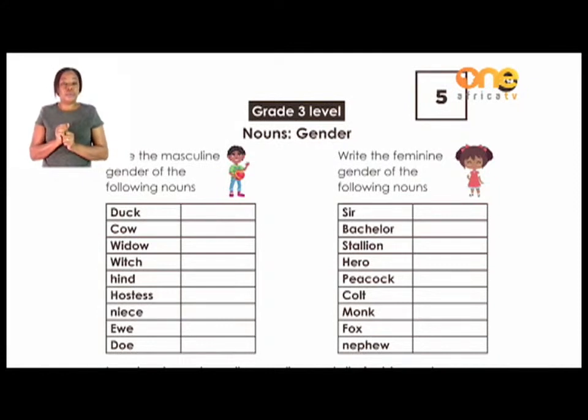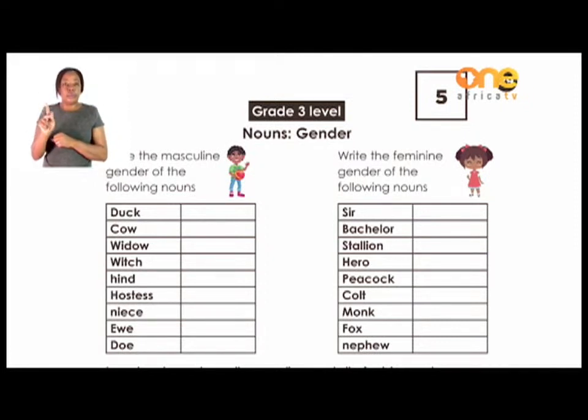The female side is given on the first one, and the male side is empty. Fill in the boy side. Okay, and on the second block, the male side, which is the boy side, is given, and the female side, which is the girl side, is missing. You have to fill it in. Okay, so let's do the first one together and see if you can also go and search more and find the others.